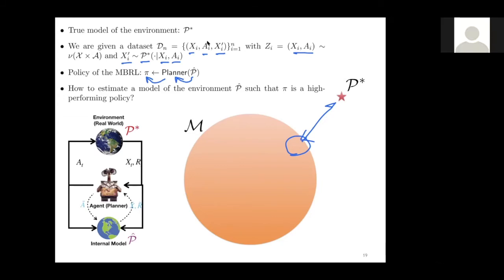You could minimize some loss using the samples. You have some parameterized function p hat, and minimize, I guess, the empirical risk in some sense. Those are good points.